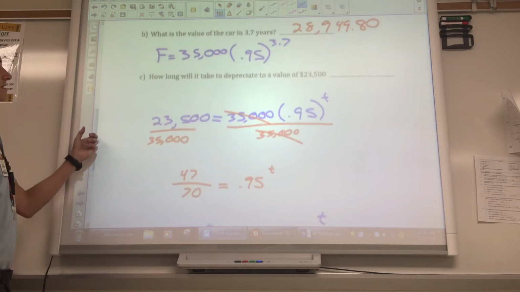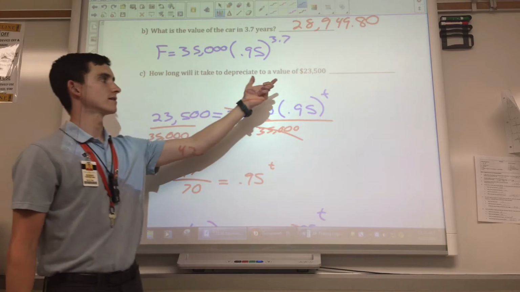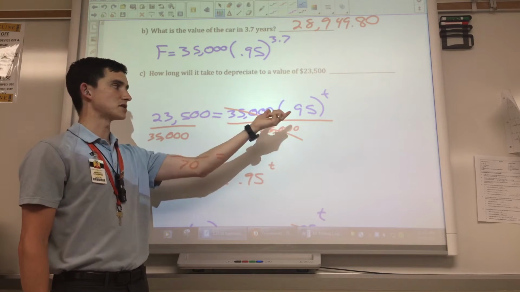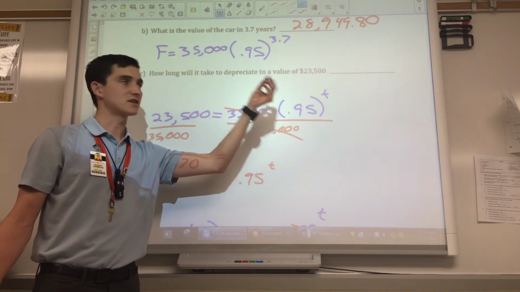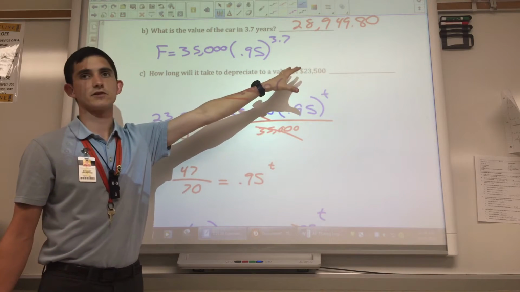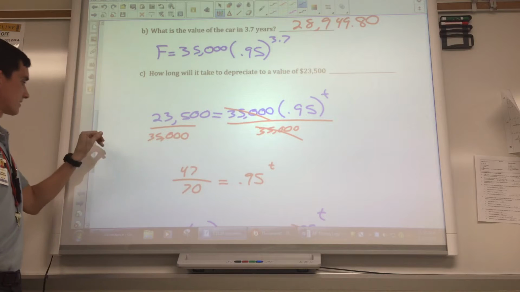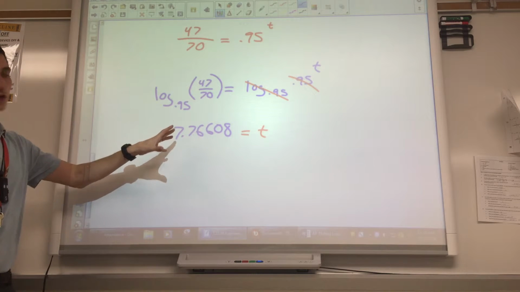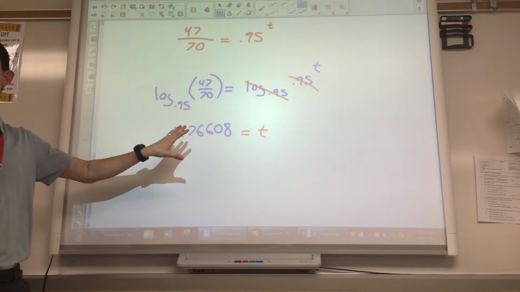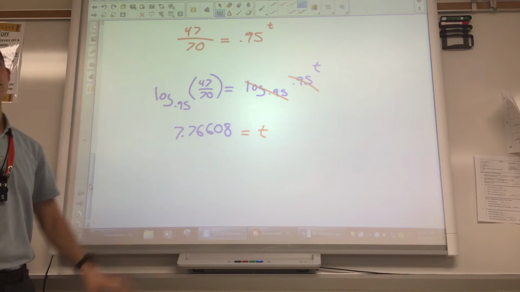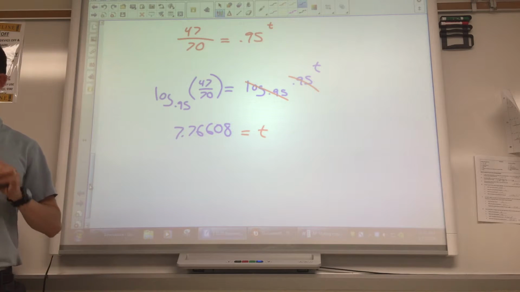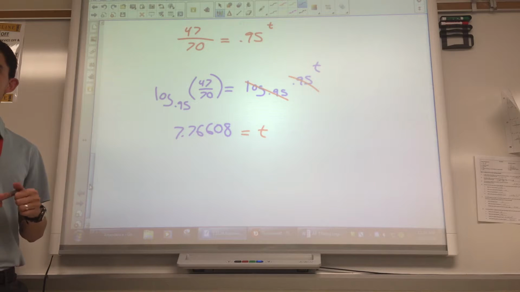So the question was, how much time does it take a $35,000 truck depreciating at a rate of 5% every year to depreciate to $23,500? It takes a little over 7.5 years, maybe about 8 years, right? 7.76608 years. Do y'all understand how the logs work?